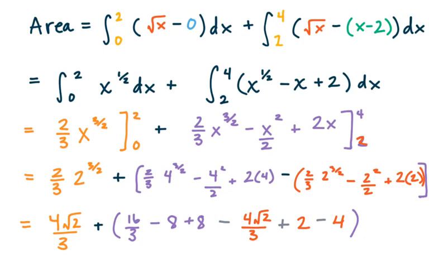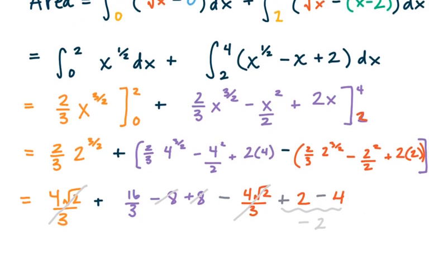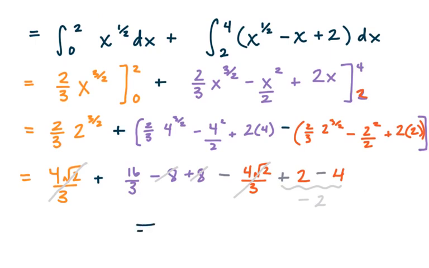And so I distributed, and these purple parentheses now are purely associative. So let's look at what cancels. 4 root 2 over 3 minus 4 root 2 over 3. Negative 8 plus 8. So I've got 16/3, and this value is minus 2. So 16/3 minus 6/3, my answer here is 10/3.